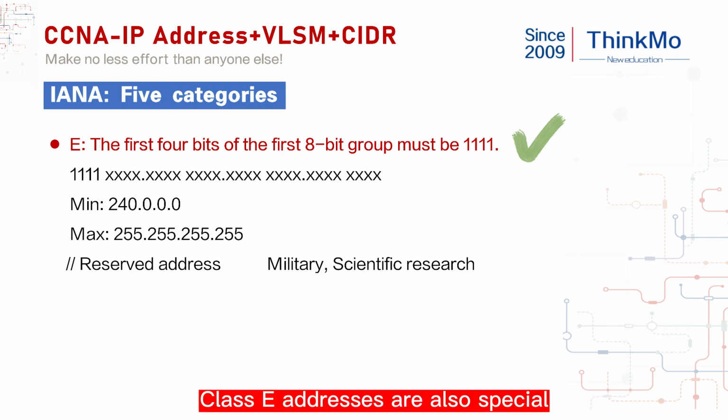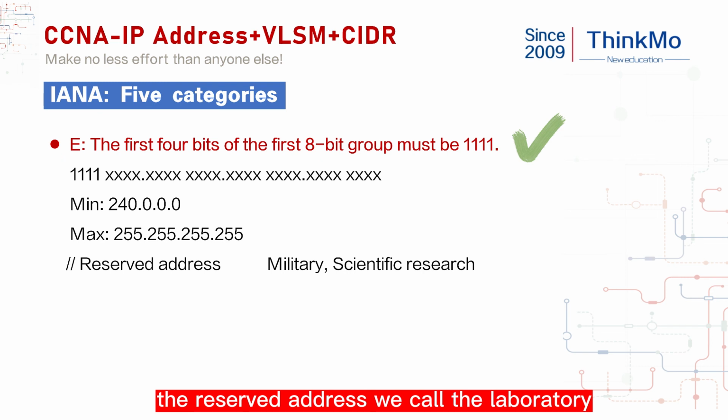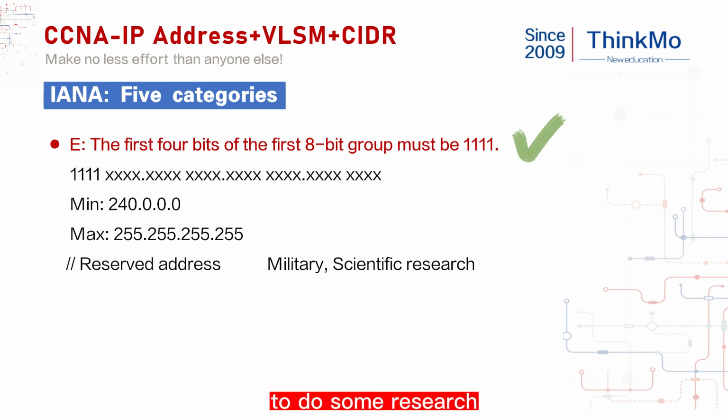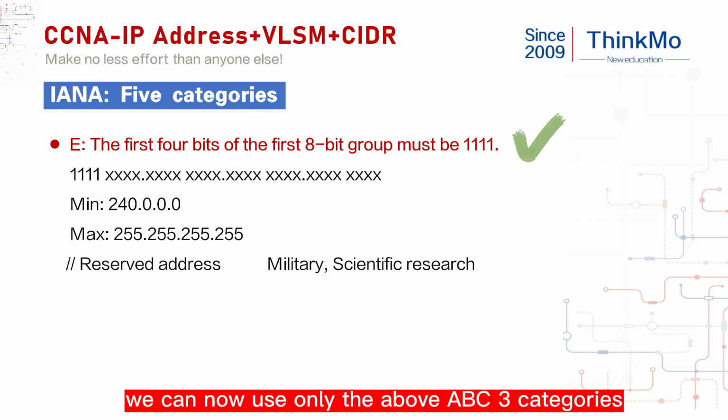Class E addresses are also special. It is a reserved address. The reserved address we call the laboratory. It is used for military or scientific research to do some research. This address is sealed and temporarily unavailable to anyone. We can now use only the above A, B and C categories.